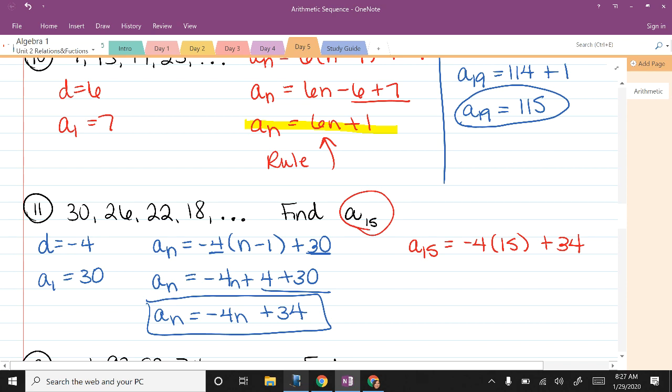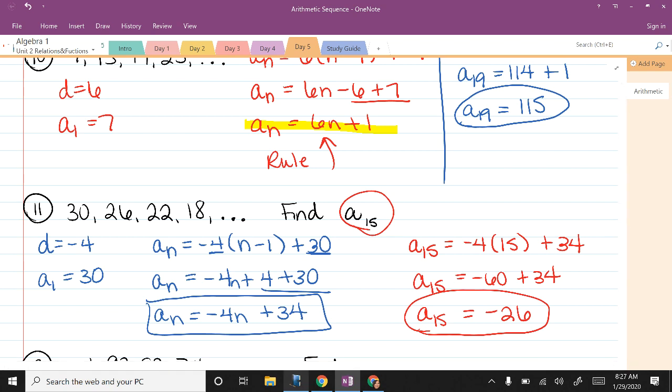So what's -4 times 15? -60 plus 34. What's -60 plus 34? -26. So my 15th term in this sequence will be -26. Well, does it make sense that it's going to be a negative number? Well, I'm going down 4 every time after that, right? So yeah, I'm eventually going to get in the negatives, right? If I do it 15 times.